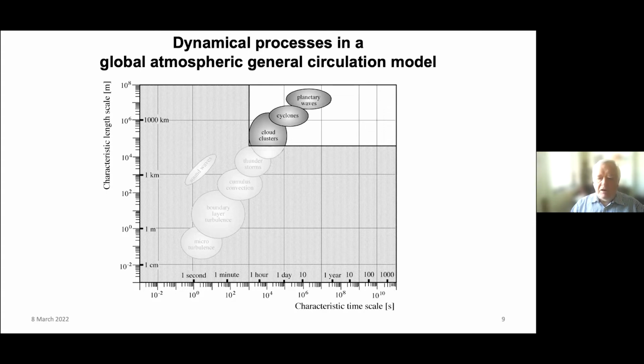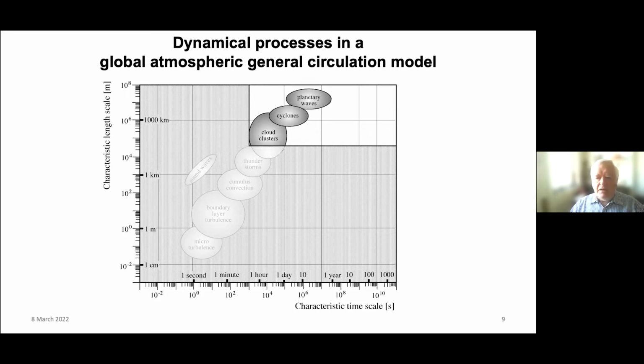It is along a diagonal stretching from less than a meter or so, up to more than 1,000 kilometers, thousands of kilometers, and from 1 second to a characteristic time of several months or so.